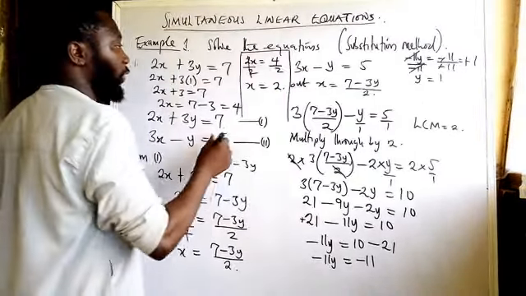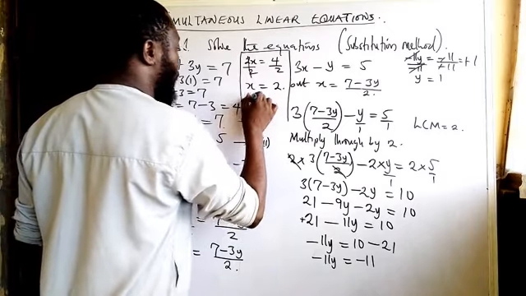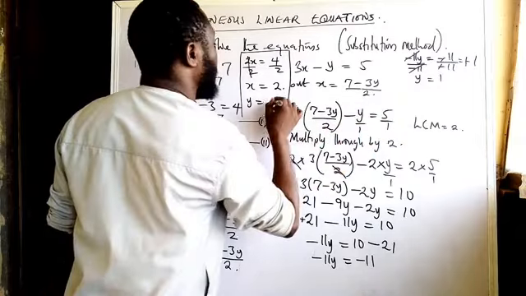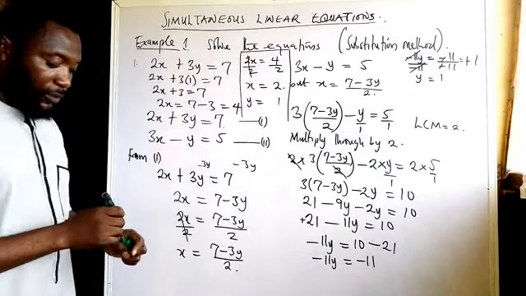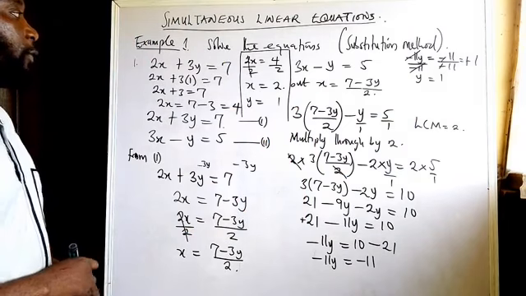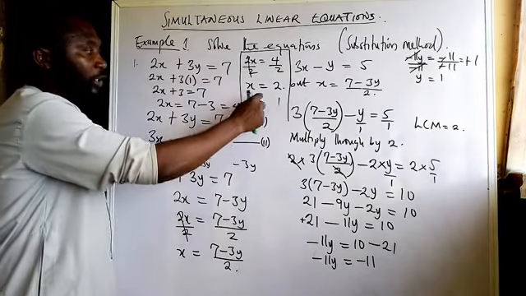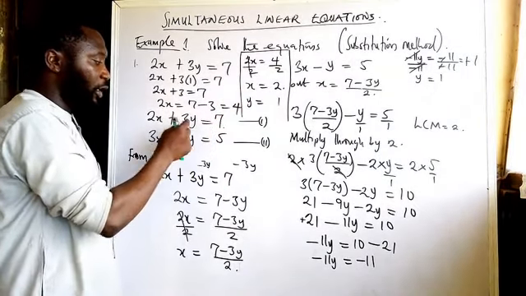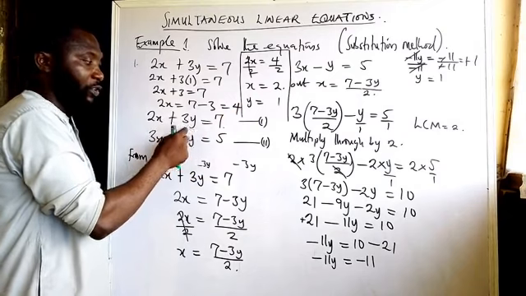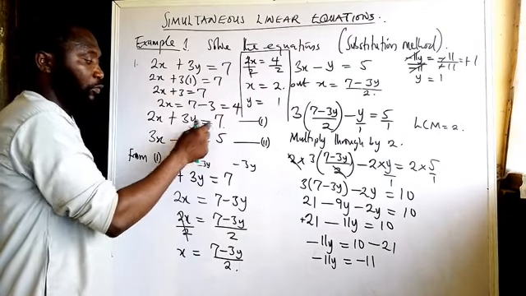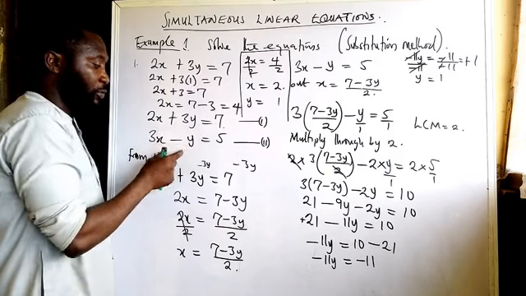Meaning, your x equals 2 and y equals what? 1. And these are the solutions of these equations. When you put these two values in either of these two equations, when you put it here, you get 7. When you put it here, you get 5.